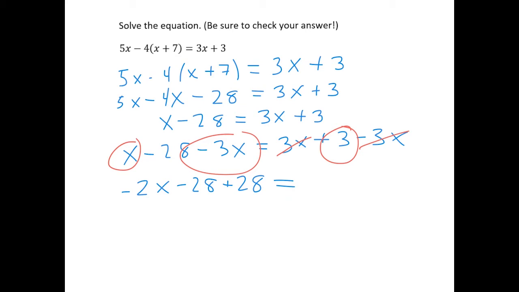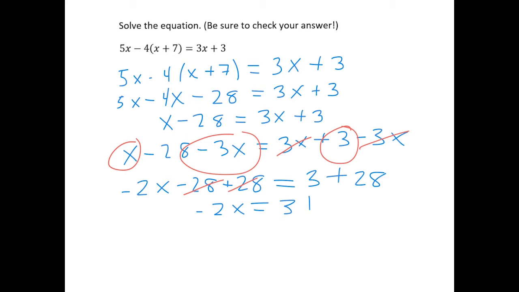Over on the right, all that's left from the previous work is a 3 plus 28. The negative 28 and the 28 are going to cancel each other out and just leave 0. So on the left-hand side, we'll have negative 2x equals 3 plus 28. That's going to be 31.